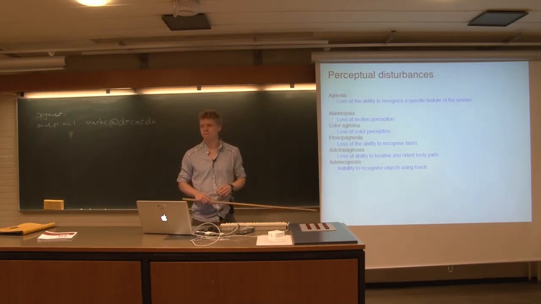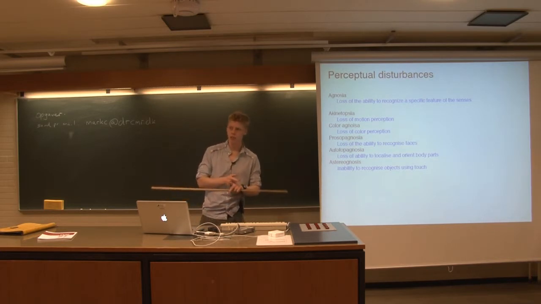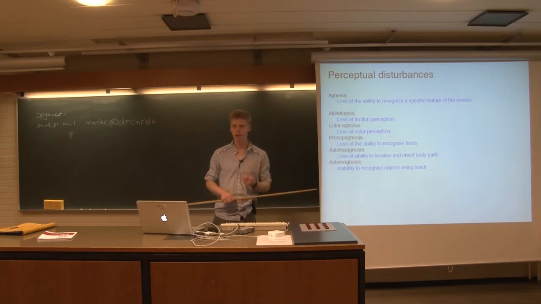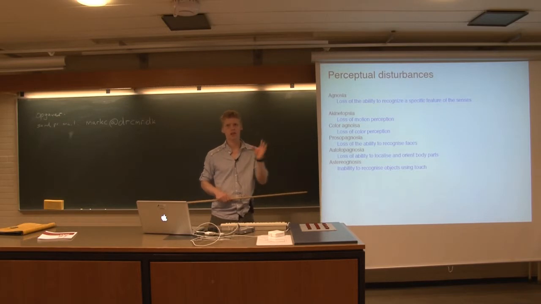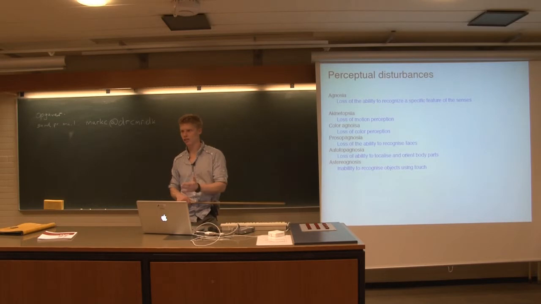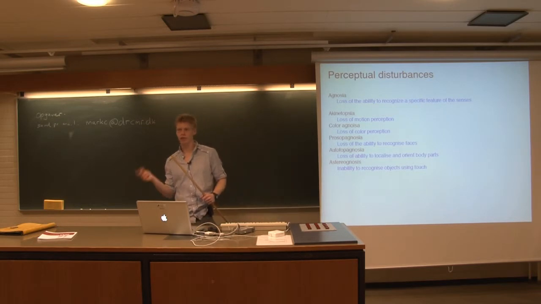What is the difference between that and colorblindness? Colorblindness is in the retina, so it's the representation in the retina. For instance, you cannot discriminate between, let's say, green and red. But they can see something. They can see colors, but depending on which type of colorblindness it is, they, for instance, cannot discriminate between red and green, which is the most common.